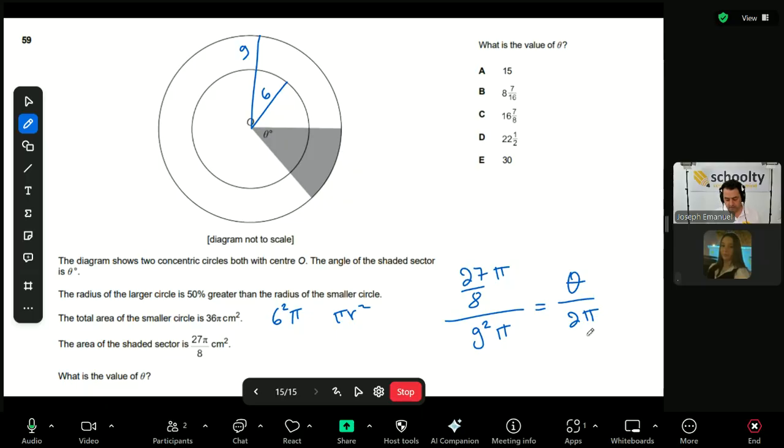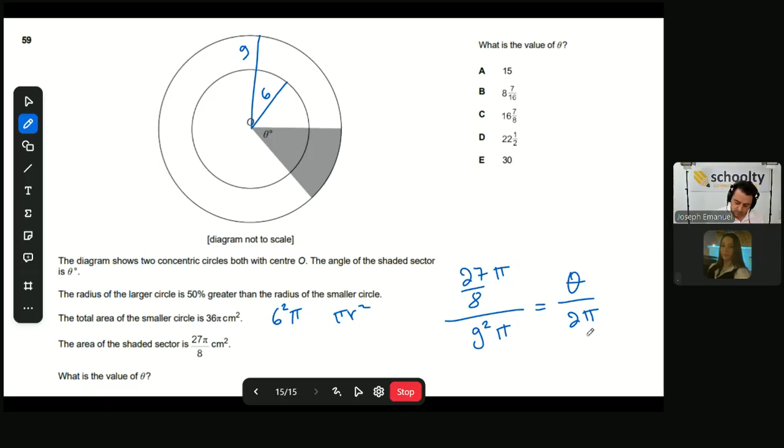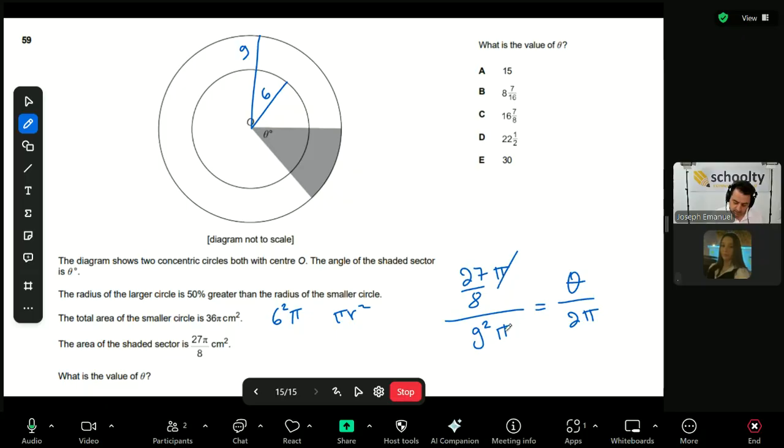Is this calculation logical? So let's divide here the pi's, let's make it easier. So theta equals 2 times 2 pi.